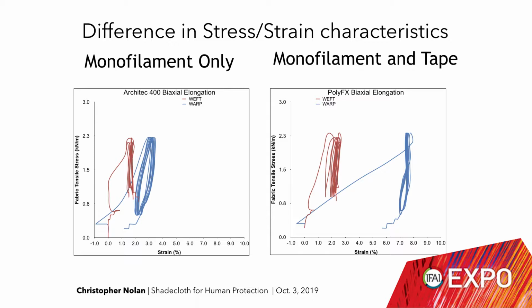And the behaviour in a monofilament is more similar in each direction. Not identical, but certainly more similar, and certainly easier to engineer than a monofilament tape, which has such significant differences.